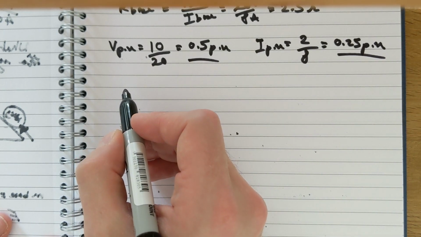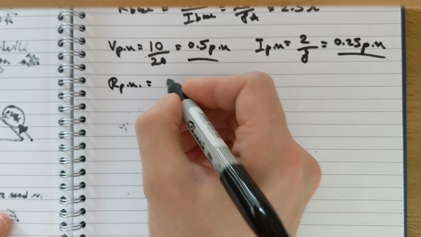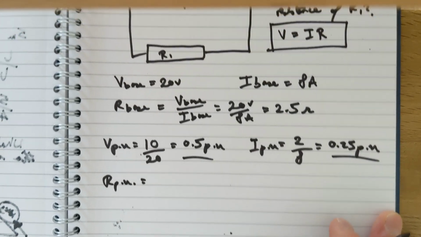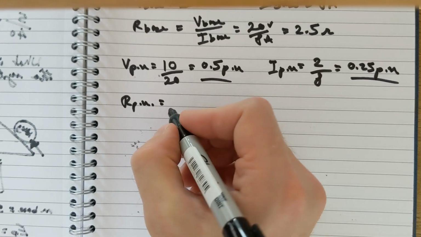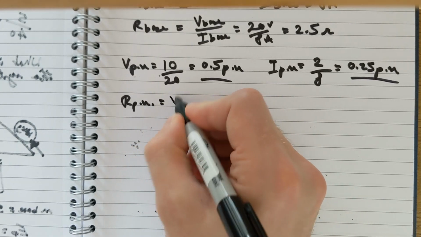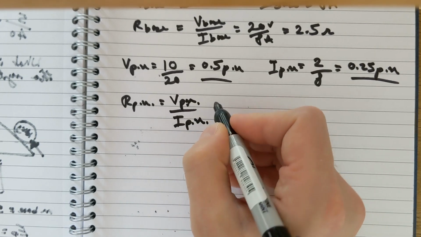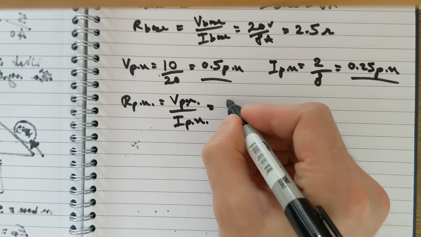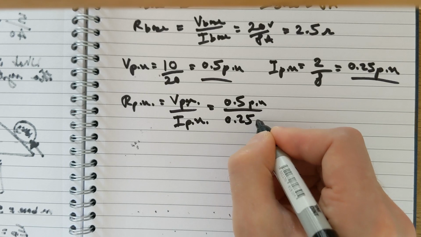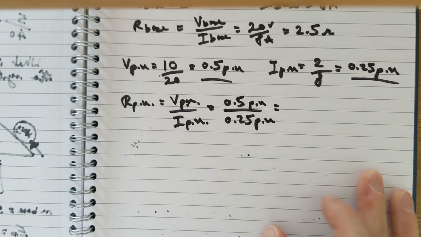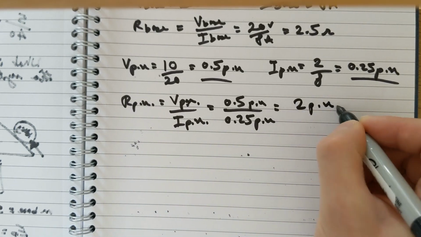Now we can calculate the resistance in per unit using these per unit values, using exactly the same Ohm's law equation. With a little bit of rearranging, R per unit is voltage per unit divided by current per unit, which is 0.5 per unit divided by 0.25 per unit, and that equals a resistance of 2 per unit.